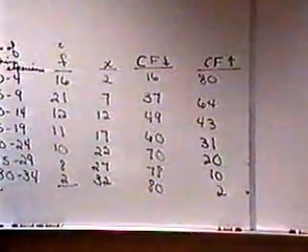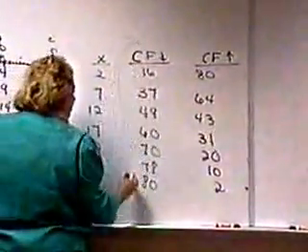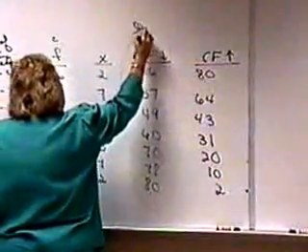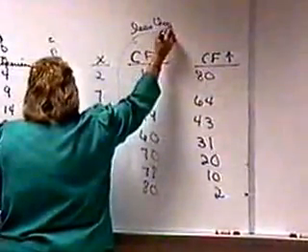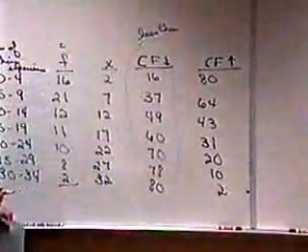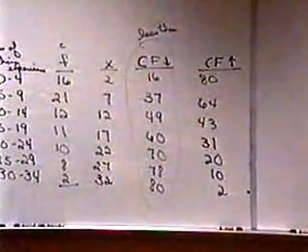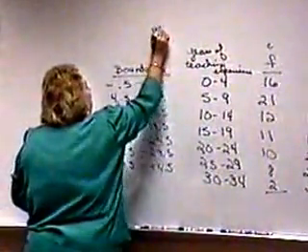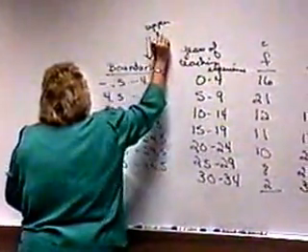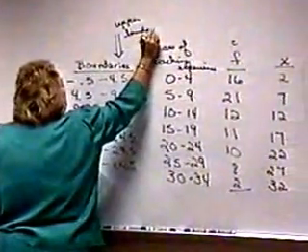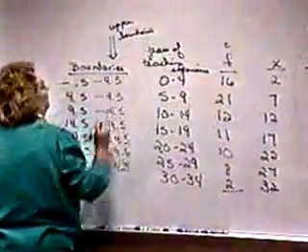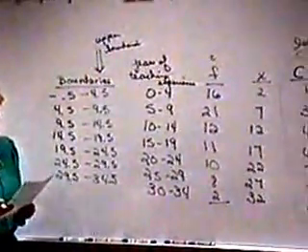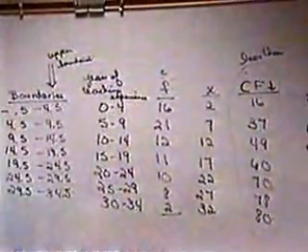Then the less than OGI. So right here are the less than cumulative frequencies. The less than are graphed with the upper boundaries.